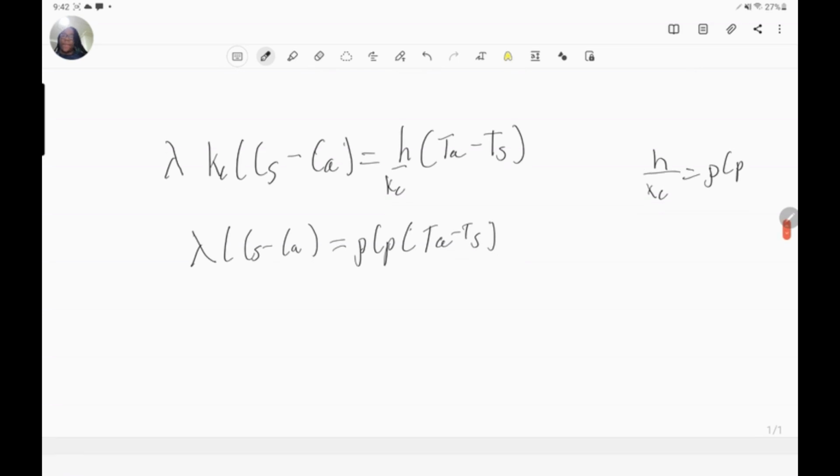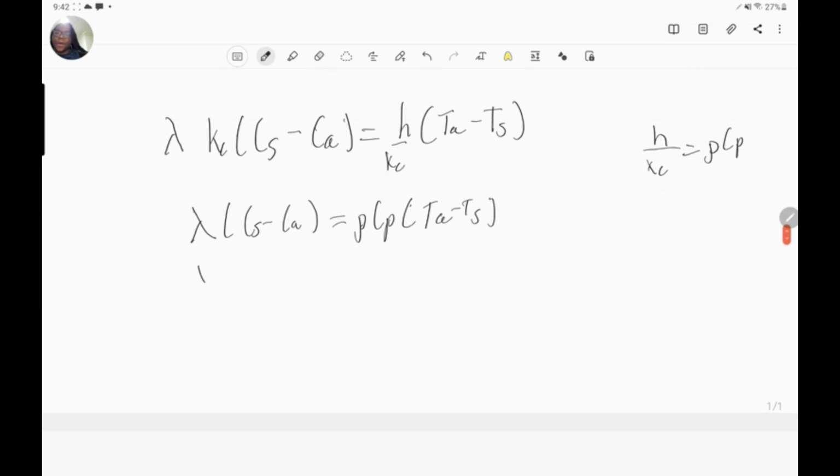All right, and then from there, we want to break this down a little bit. We know that concentration is equal to the partial pressure over RT, and so for this one it's going to be partial pressure of water at the surface. So it's our saturation.